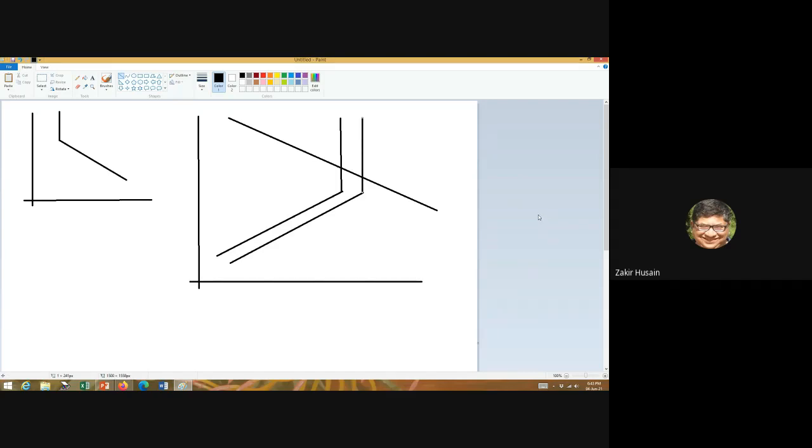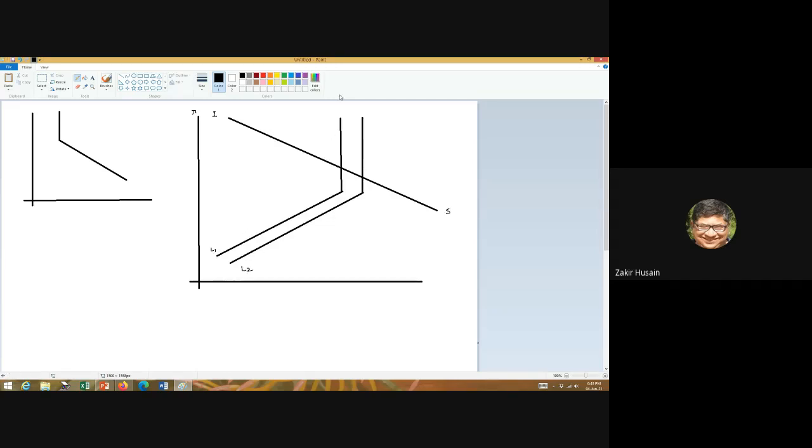So this is the LM curve. So this is the IS curve.